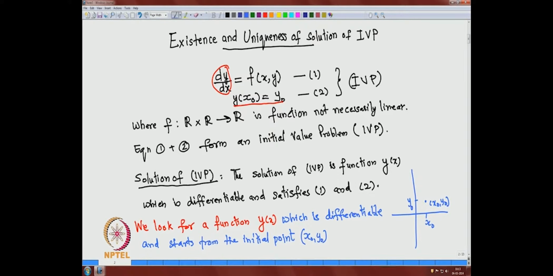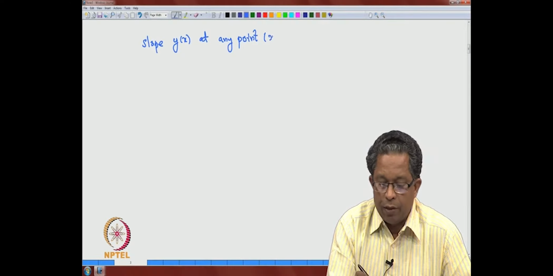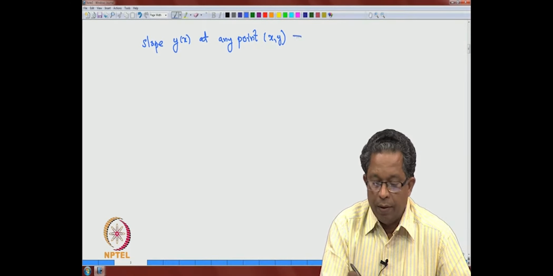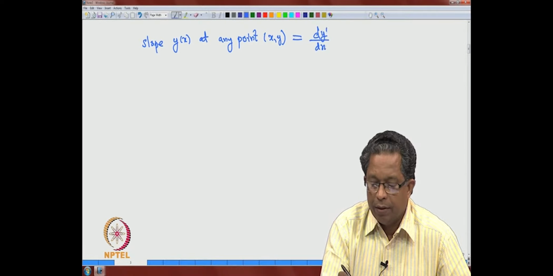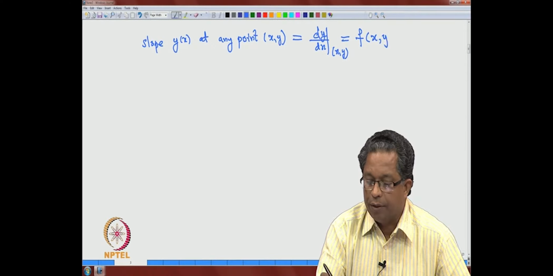We are looking for a function which starts from (x0, y0) and whose slope at any point (x, y) in the xy plane is dy/dx at (x, y), which is given by the differential equation, f(x, y).